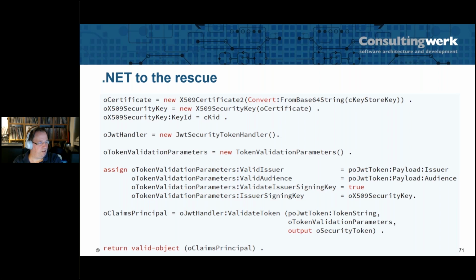We issue that with a parameter object. One of them is the issuer and the audience, and the key, which is basically two times converted from the data we found in the key store. And that returns us this ClaimsPrincipal reference if the signature was correct. If the signature was not correct, or there was any other error, it does not return us the principal. So when we get this valid object ClaimsPrincipal, then the .NET framework has verified for us the signature of the JWT token.